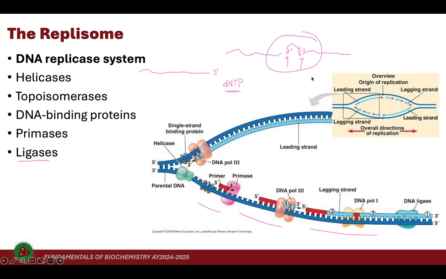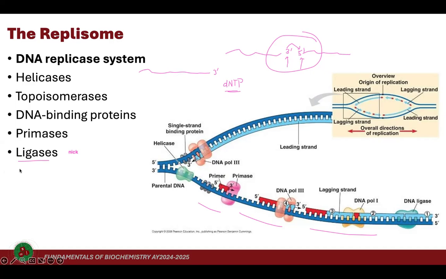So this thing has a name. We call that a nick. A nick is when a 3' end is not attached to a 5' end along a DNA strand. So nicks are resolved by DNA ligases.